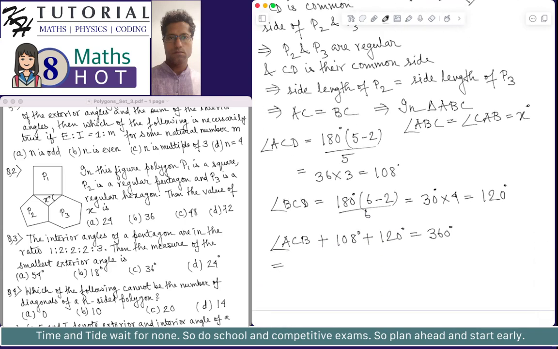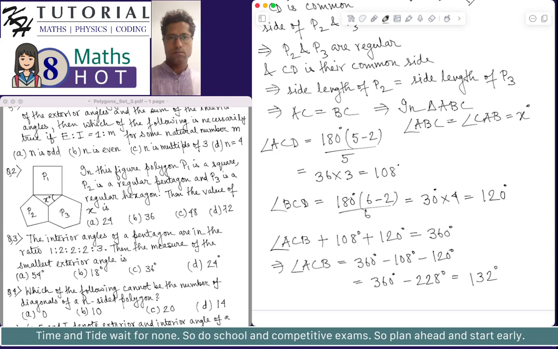Okay, so from here we can easily find out the value of angle ACB. This will be 360 degree minus 108 degree minus 120 degree, which is equal to 360 degree minus 228 degree, which is equal to 132 degree.